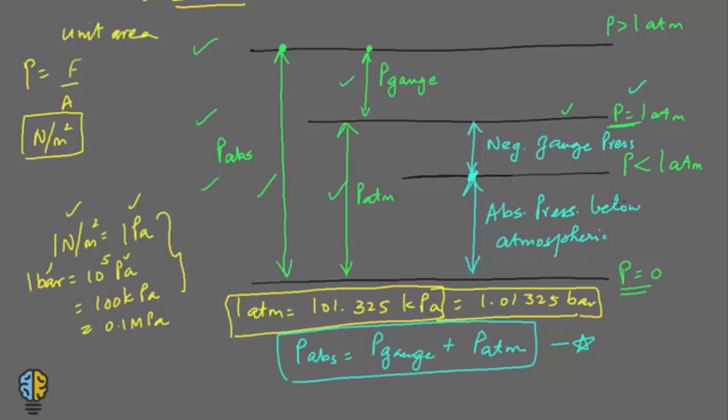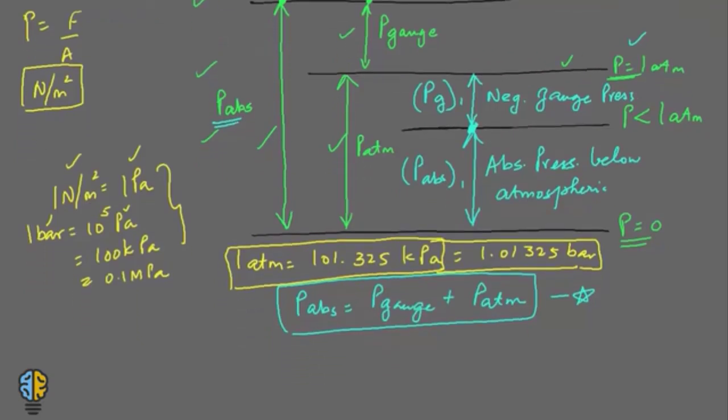So in this case, you can see that the absolute pressure, let me give this blue color, so this is P gauge, let us say 1 in this case, and this is P ABS, and let us put 1 just to differentiate from this pressure. Okay, now if you look at this, this becomes P atmospheric is equal to P absolute 1 plus P gauge 1.